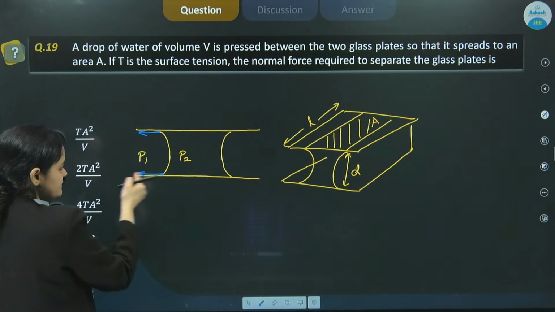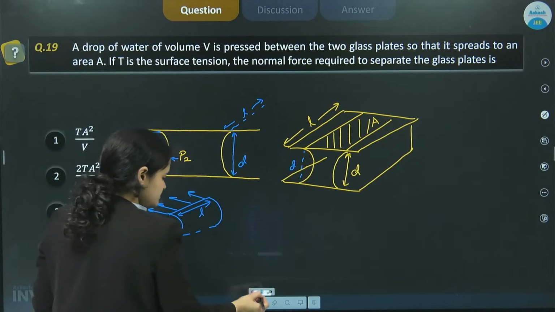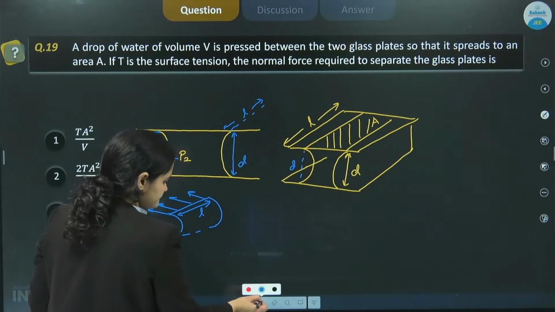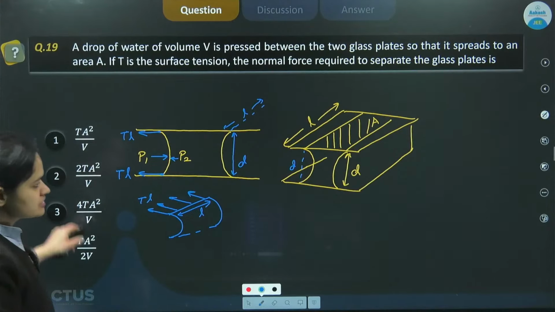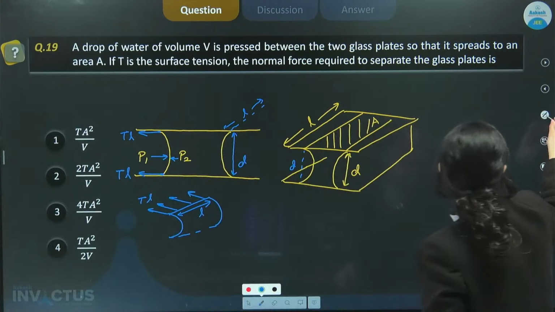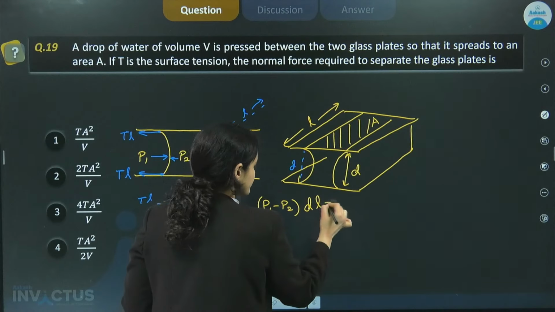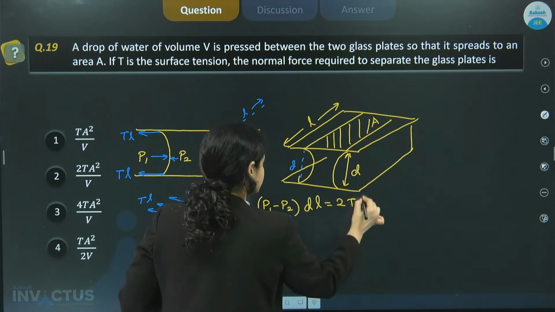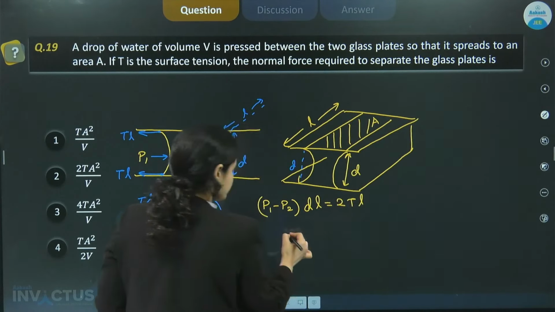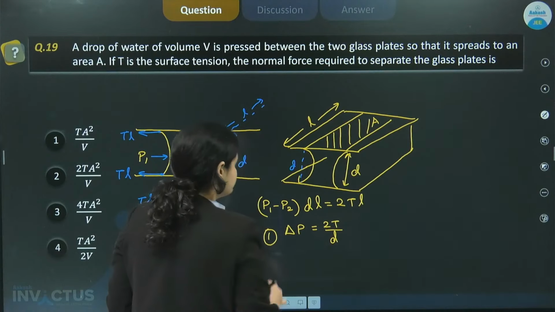So this is D, this is L. So in this case I can actually write this as, P1 minus P2 into D into L, the projected area, is going to balance 2 times of T into L. So we get the pressure difference as 2T by D. This is the value that we are getting for the first case.